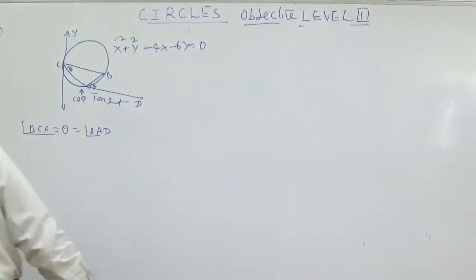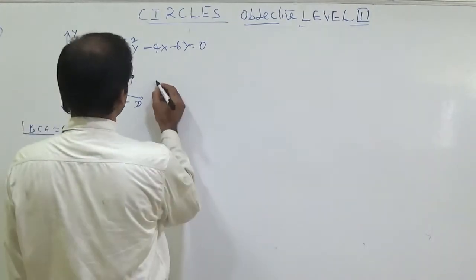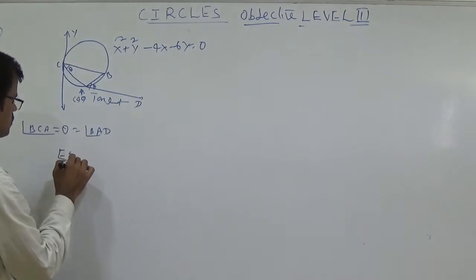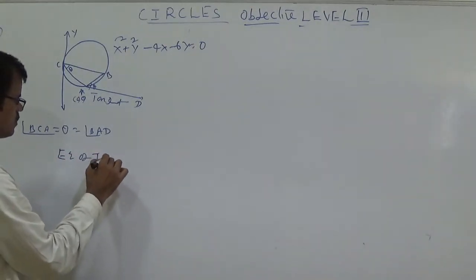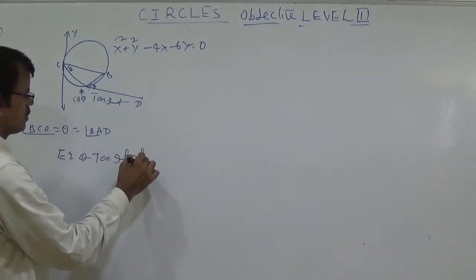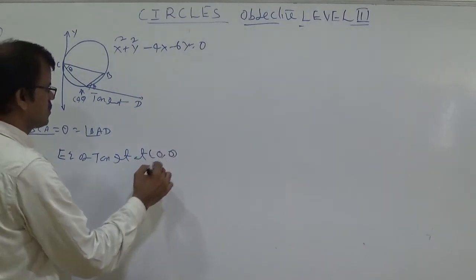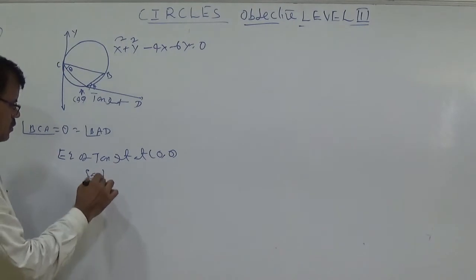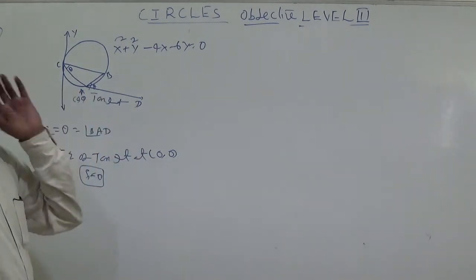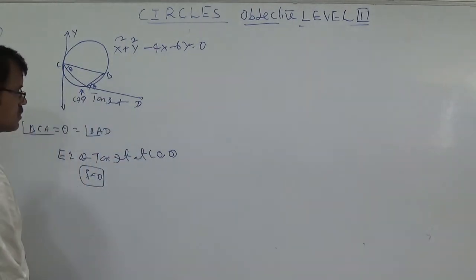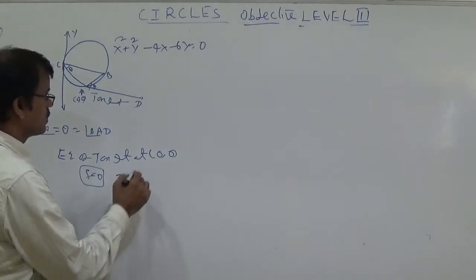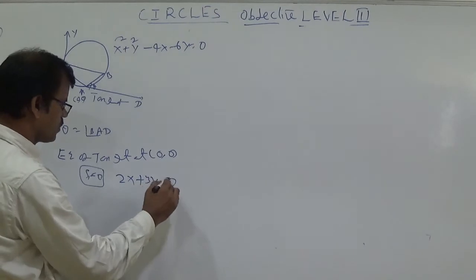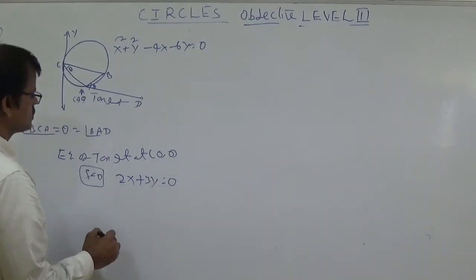Okay. Now let us discuss the equation of tangent at 0, 0. Formula S1 equal to 0. Using S1 equal to 0, xx1 plus yy1 plus g into x plus x1 plus f into y plus y1, we can say this is 2x plus 3y equal to 0.